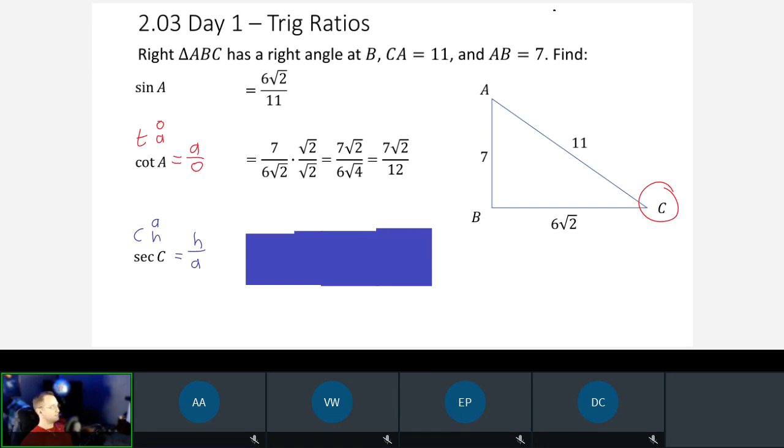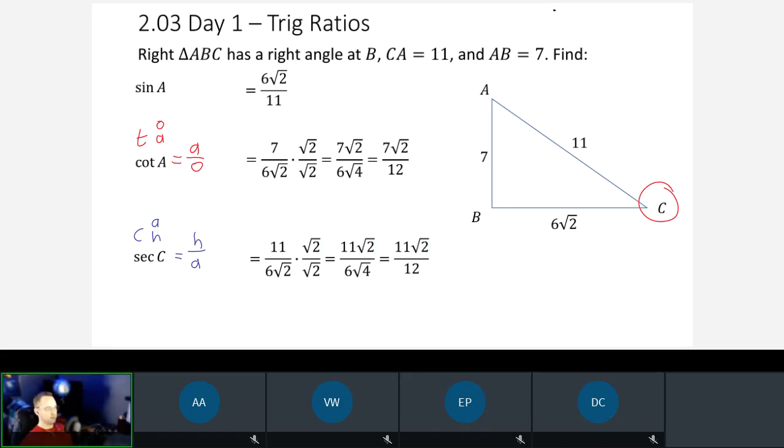Hypotenuse is 11. Adjacent is 6 radical 2. We have to rationalize. And then there's the work, and there's the final answer. So draw pictures and make sure you know what angle your point of reference is.